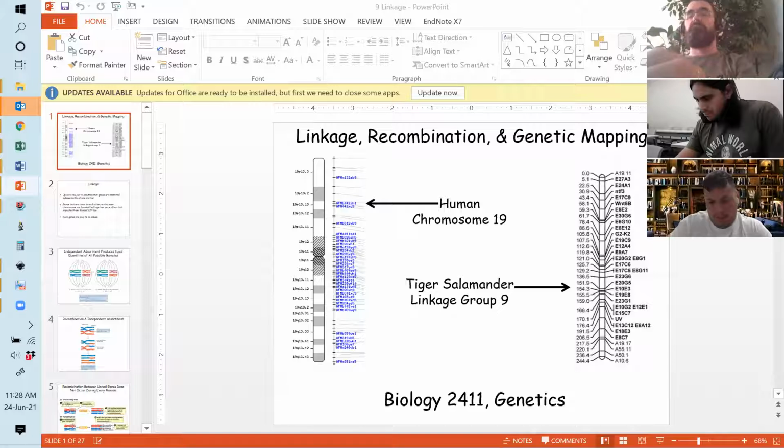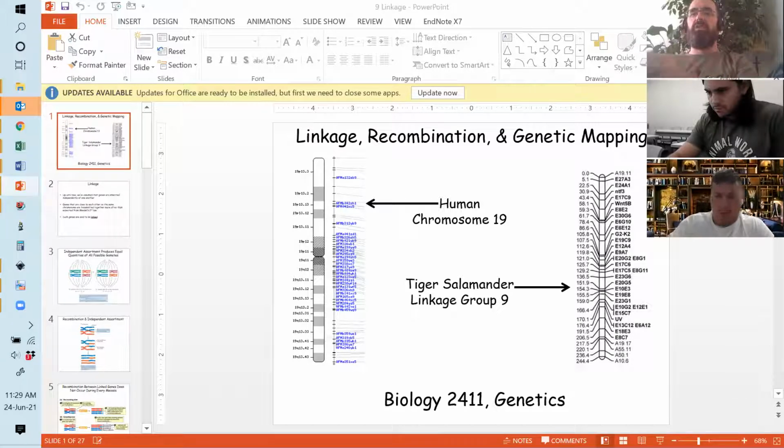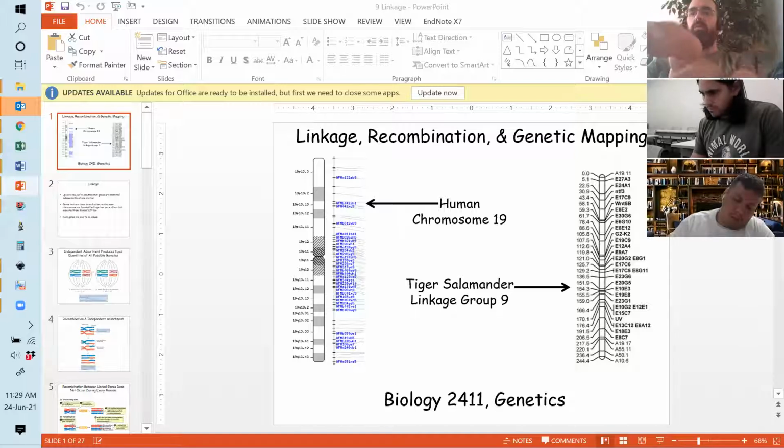So let's say you get 1% probability of recombination when genes are, let's pull a number out of my butt here, 100,000 base pairs apart. What's the probability when they're 1 million base pairs apart?